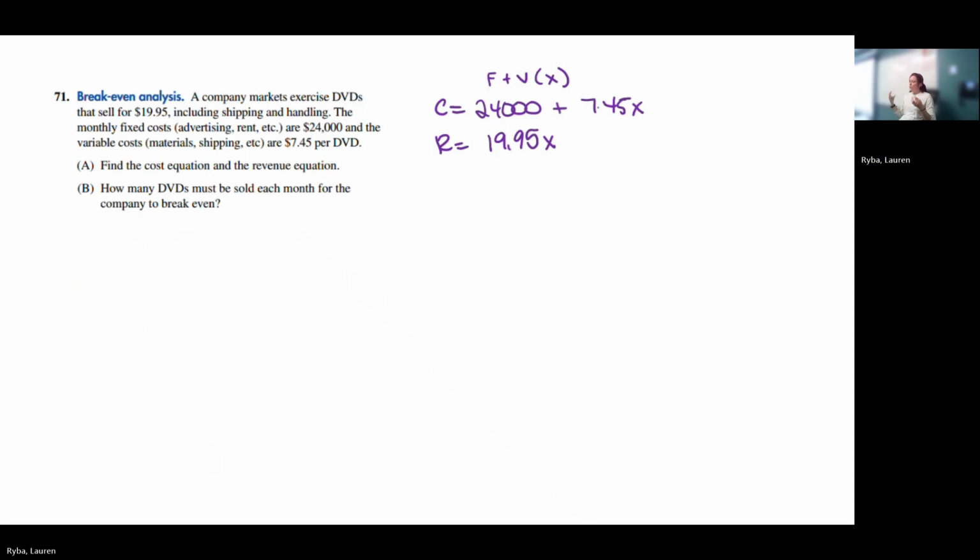Okay. This is still a system of equations. We can now find our break-even point. So what we were doing last class when we did these application problems was leading us into what we did today, solving, basically substitution.